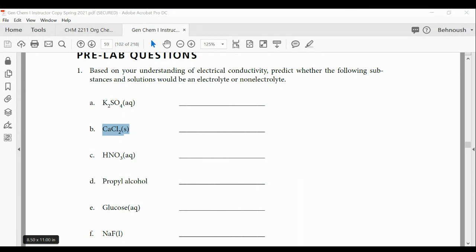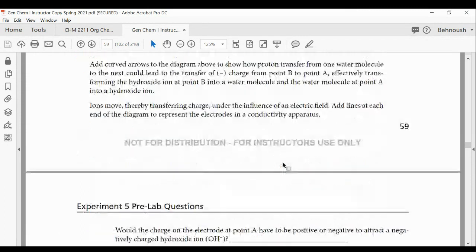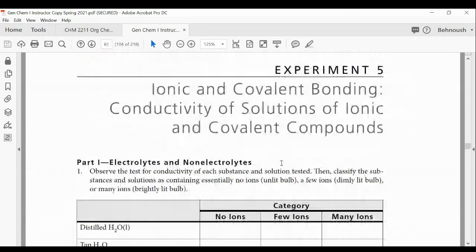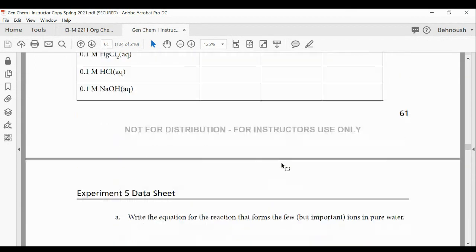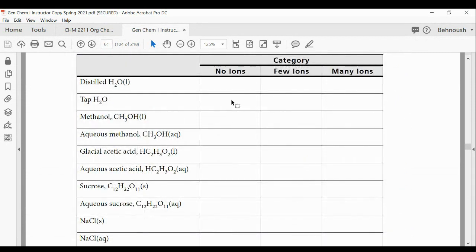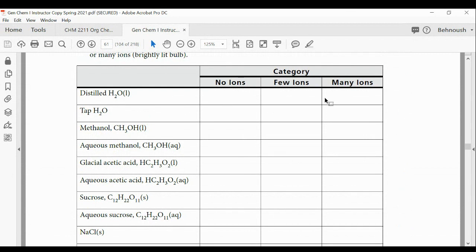When you watch the video, you're just going to record your observation in the data sheet that you have. If the light bulb does not turn on at all, that means there are no ions.